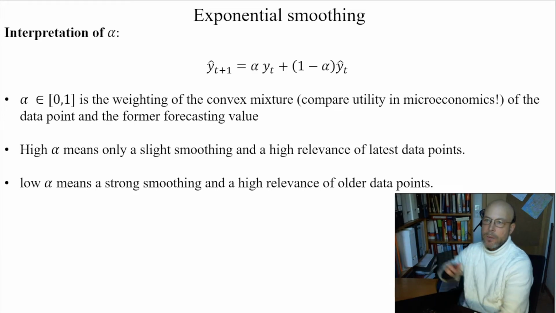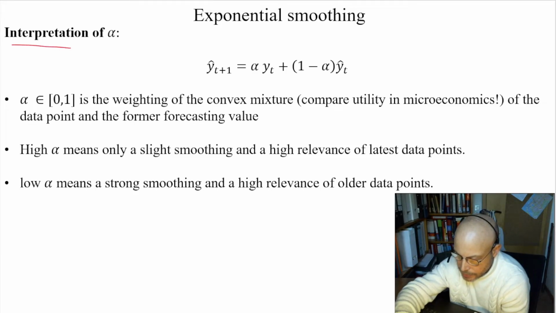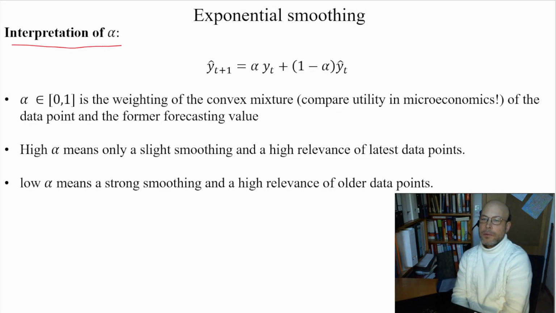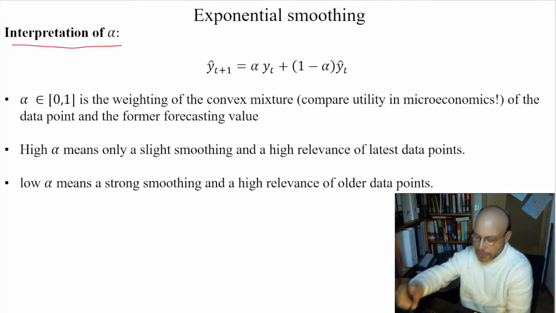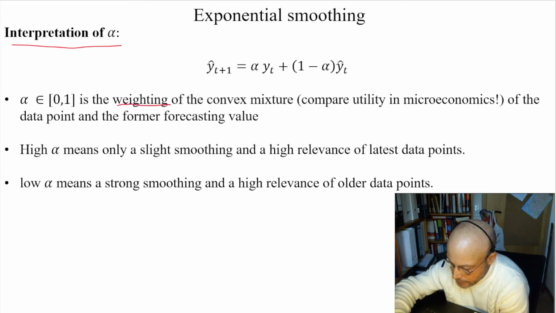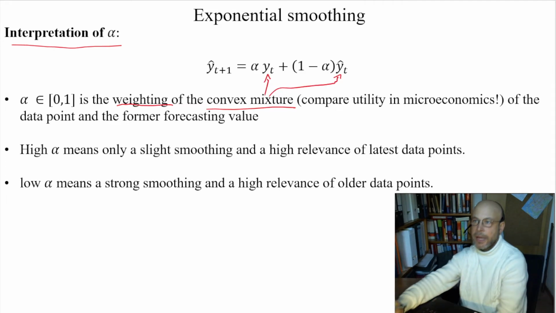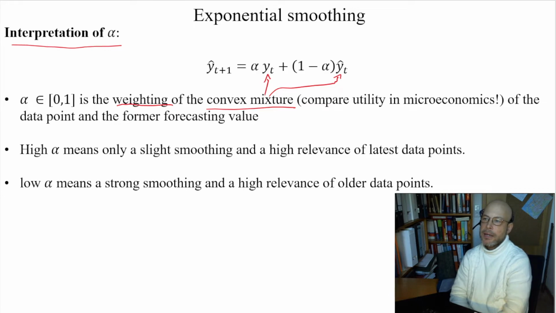So how can we interpret this parameter alpha? This is our weighting factor of our weighted average, and it can also be interpreted as the weighting of the convex mixture of these two values, the data point itself and the forecasted data.